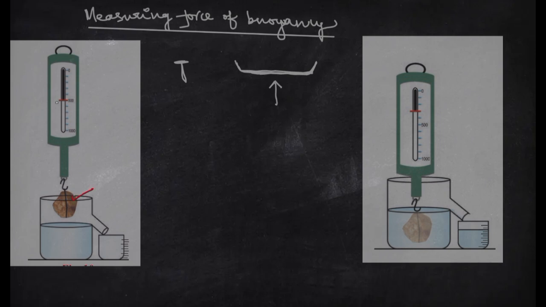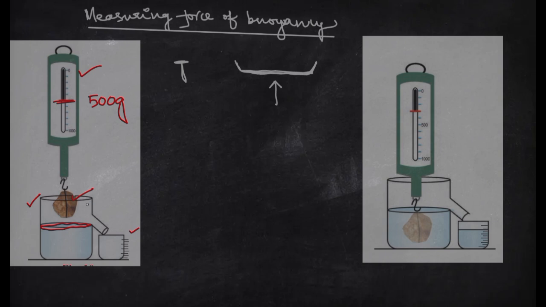This is a stone which weighs 500 grams in air, and it is suspended with a spring balance. This is an overflow jar which is filled with water up to its beak, and this is the other jar which is used to collect the water displaced by the stone when it is immersed.